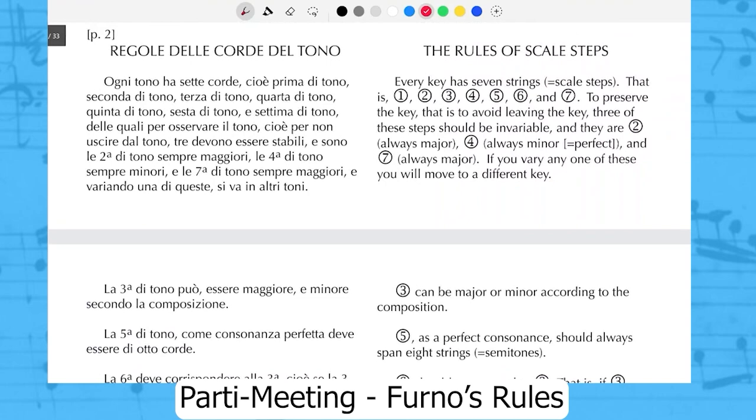Only one thing that is important: strings. The word is strings because it is the literal translation of corde. The term corda is like note because in the Renaissance they used to think about the monochord, one string.